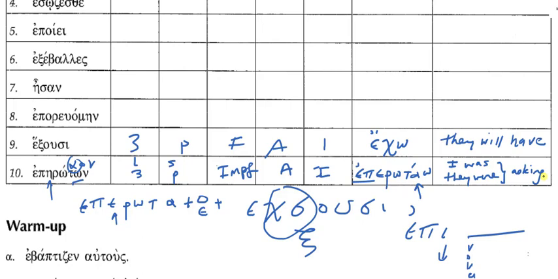Sure. Say this with me. Exebalēs. Exebalēs. So, take a look at the form here. Is there anything about the inflectional ending that might give you the person and number? Third singular? Second singular.